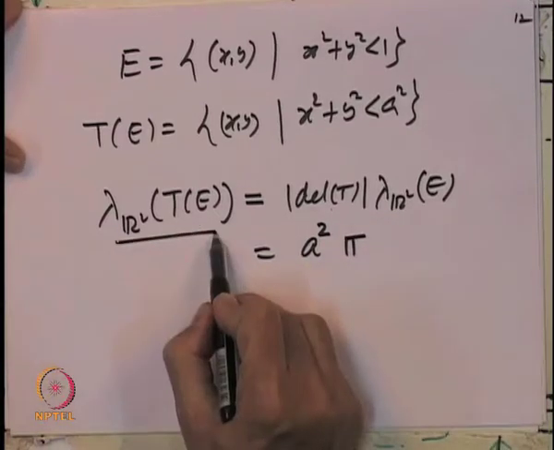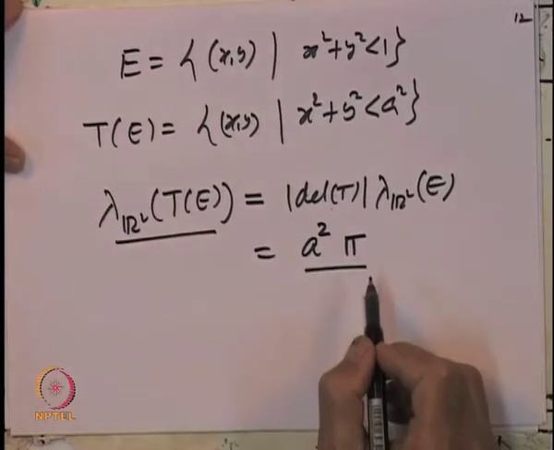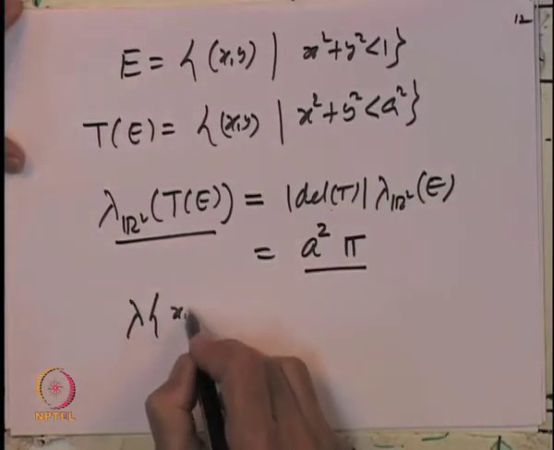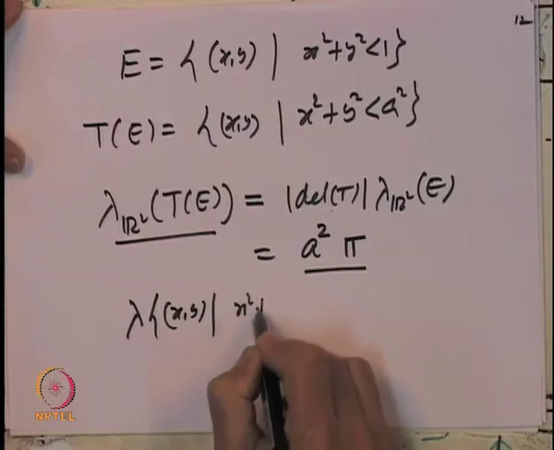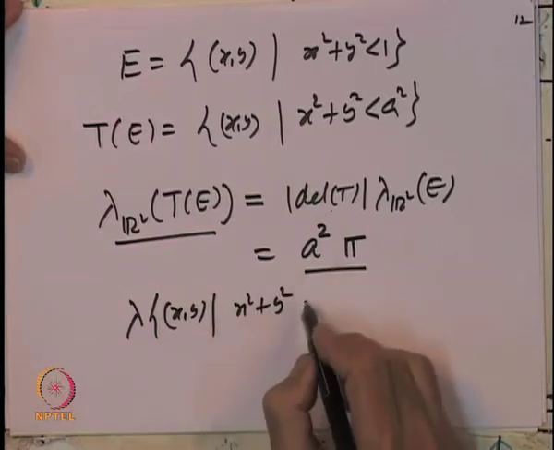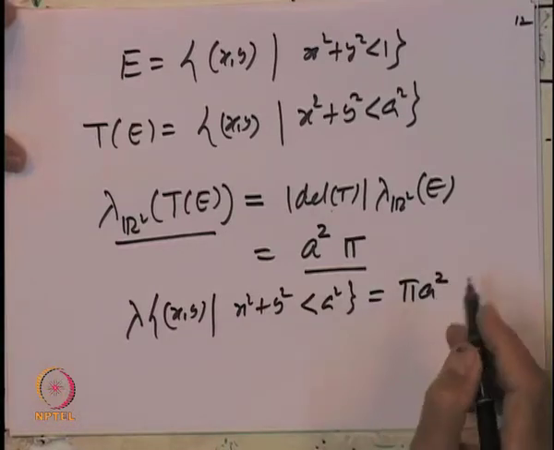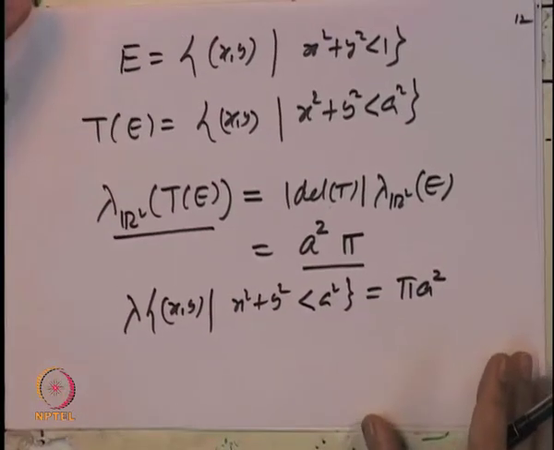So, the Lebesgue measure of the transformed set is equal to pi a square. So, that means the Lebesgue measure of all the points x y such that x square plus y square is less than a square is nothing but pi a square. So, that is the magnification that we are getting.